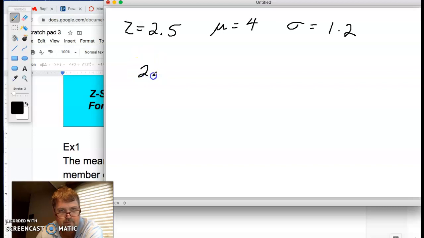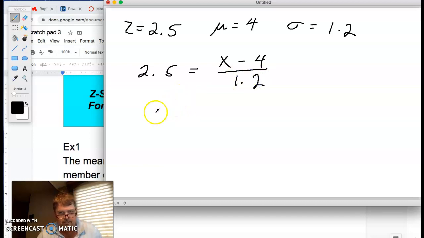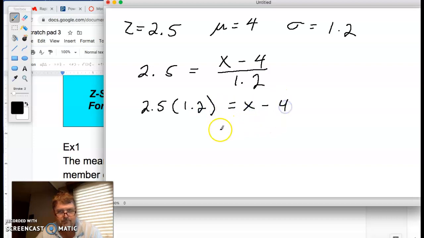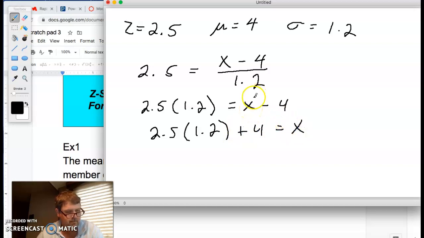We write 2.5 is equal to x, we don't know how many miles he ran, minus 4, divided by 1.2. We're solving for x, which means we want 2.5 times 1.2, and that's equal to x minus 4. And we need to add 4. So 2.5 times 1.2 plus 4 is our x value, and I find, you can check me on this, that x is 7.